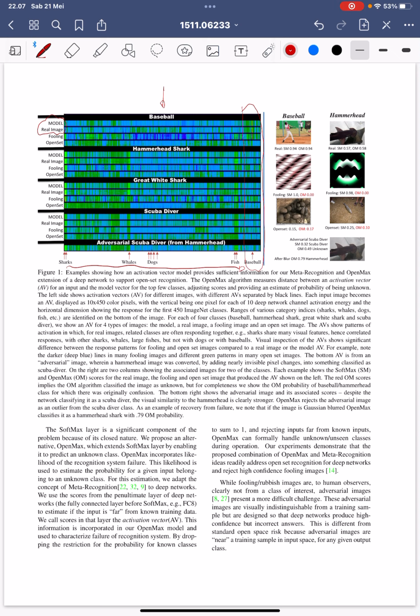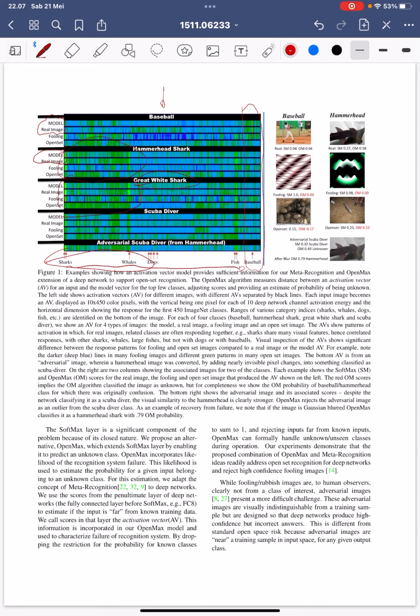If we look at the hammerhead in the model and real image, activation mostly happens on the shark and whales in this area, which makes sense because this is a hammerhead shark. The great white shark also has activation in the same areas.